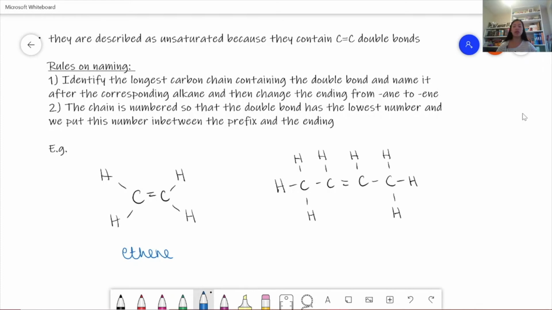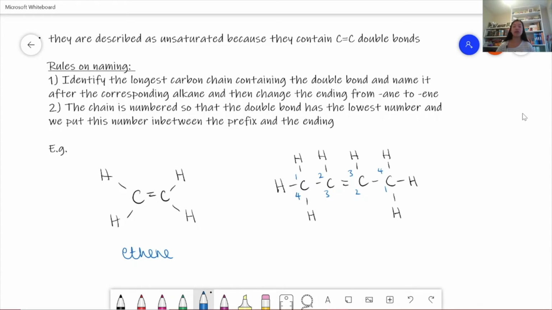However, for the second one, we identify the longest chain. So we've got a chain of 4, so that's the longest chain. And so it's something-ene. And so now we number the carbons. So we've got 1, 2, 3, and 4, or we have 1, 2, 3, and 4. And so the carbon-carbon double bond is either on the second carbon or the third carbon.